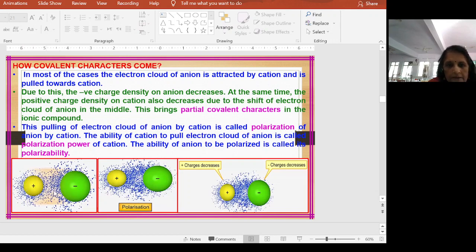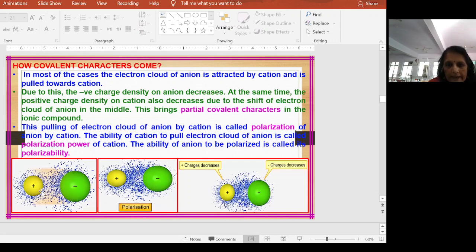See, this is a positive ion and here it is a negative ion. Let us take an example. If this is sodium and this negative ion is Cl. In another case, this is lithium and again the negative ion is the same, Cl. So one will be lithium chloride, another will be sodium chloride. What will happen? Lithium will pull electron density towards itself. Sodium will also pull electron density towards itself.